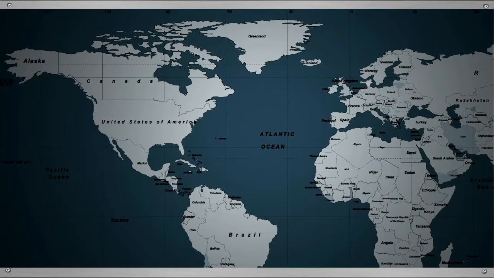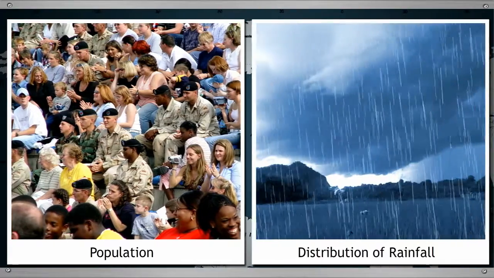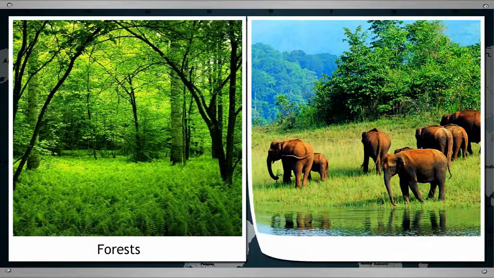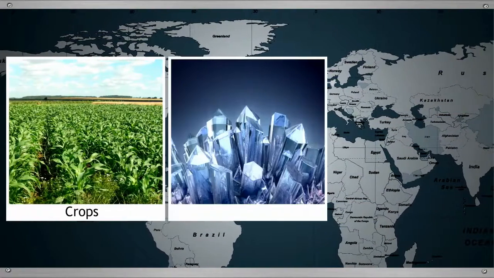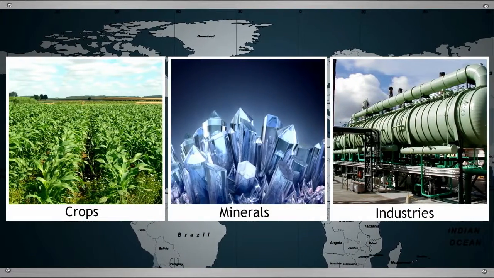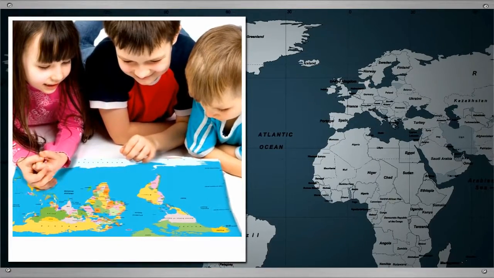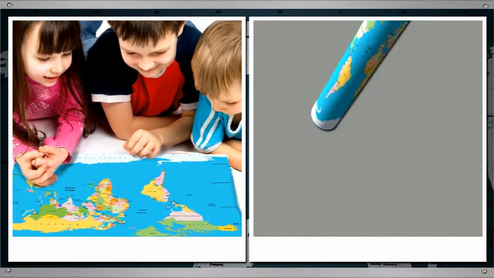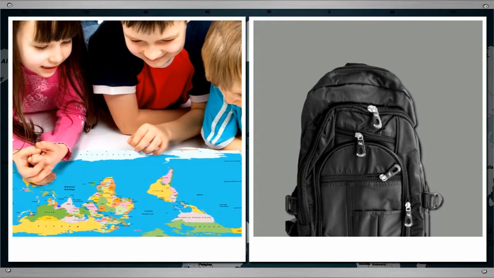Maps can also be used to provide information about population, distribution of rainfall, forests, wildlife, crops, minerals, industries, etc. So, we can get more information from a map, and we can even carry the map anywhere just by folding the paper. That makes maps more useful than globes, isn't it?